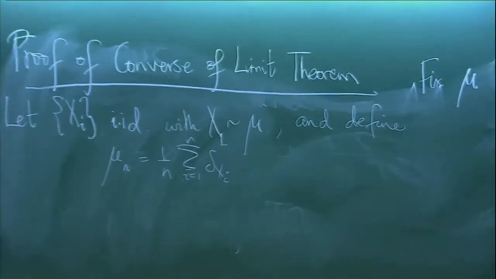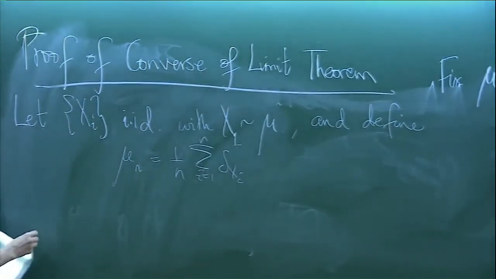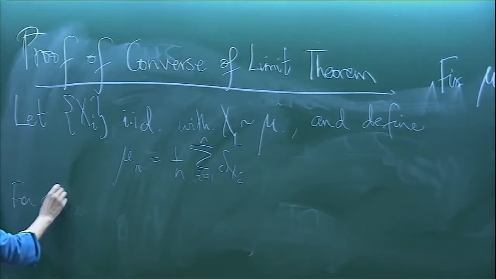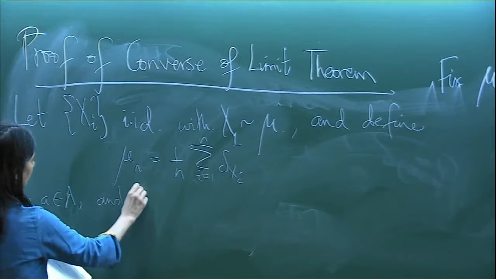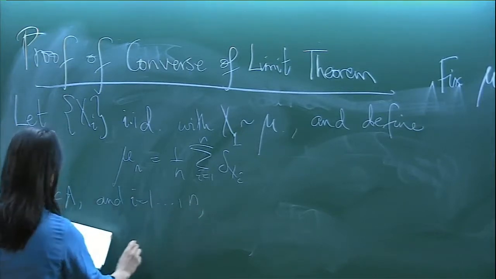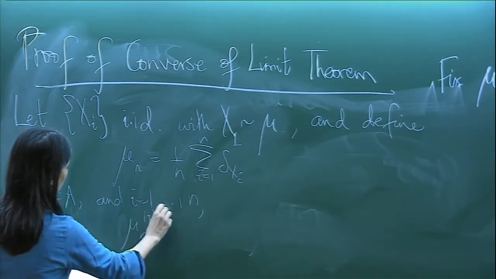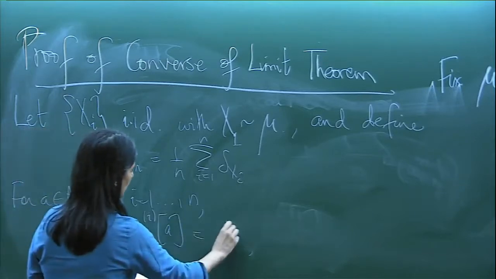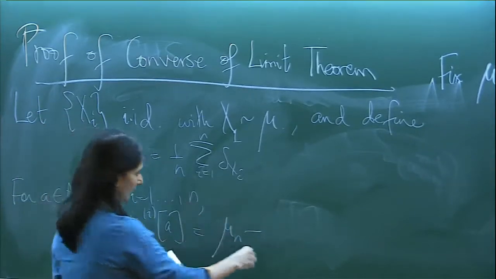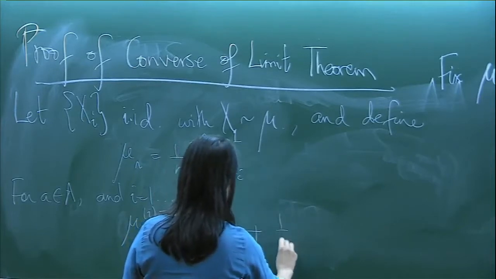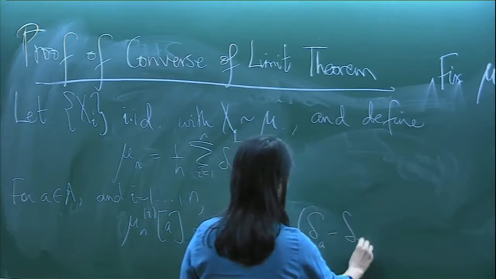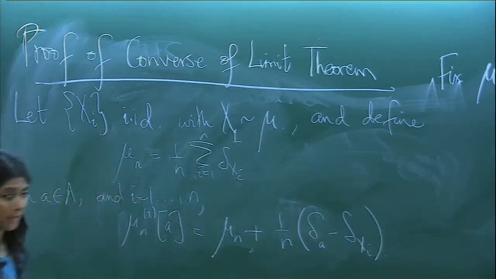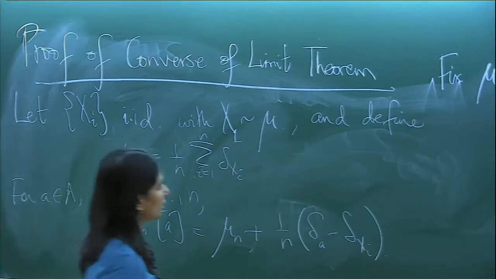Of course, for A in A, I'll define the replaced one as before. I'll define mu n IA to be mu n minus 1 over n delta xi i plus 1 over n delta A. Is that clear? Just the usual empirical measure if I changed one.